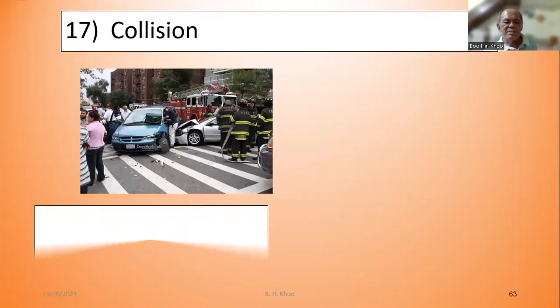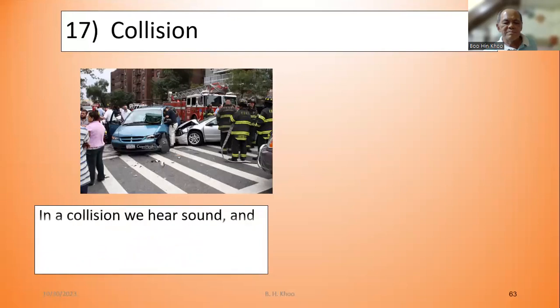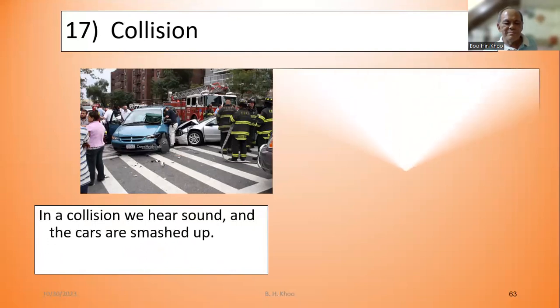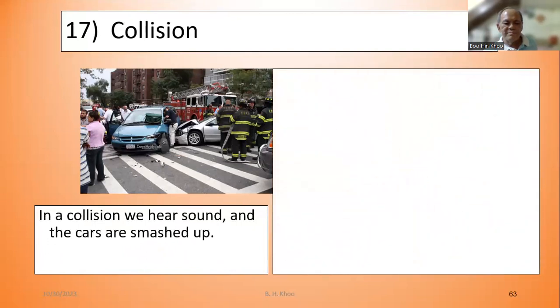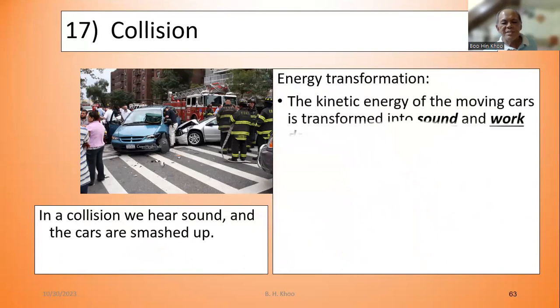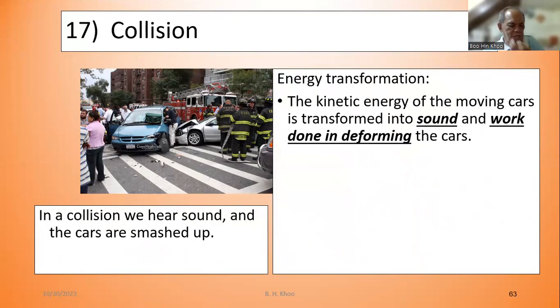In a collision, we hear sound. The cars are smashed up. So for energy transformation, the kinetic energy of the moving cars is transformed into sound. Work is done in deforming the cars, right? The bonnet, that's why you see the car smashed up.